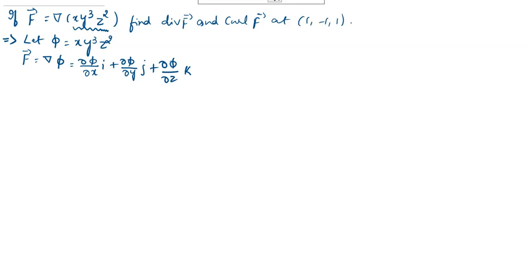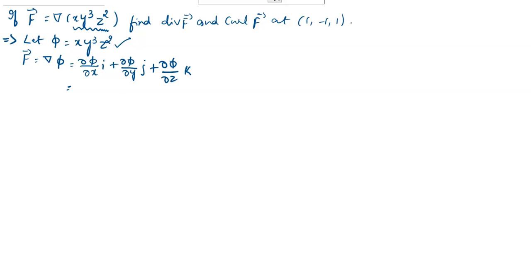We have to differentiate phi partially with respect to x, with respect to y, and with respect to z. You can differentiate phi with respect to x individually, or directly differentiate partially.